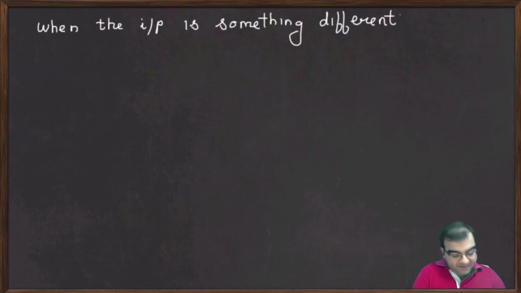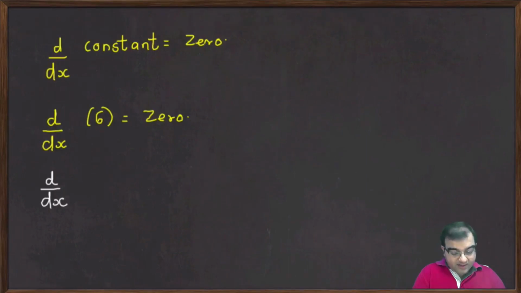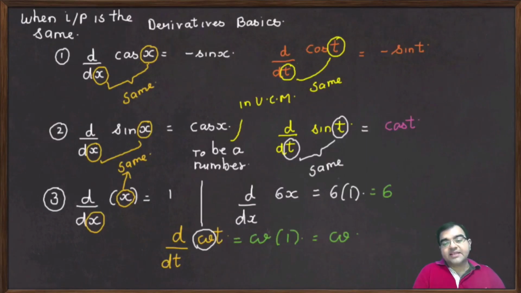Now if you see the previous cases, in this case, we carefully said the input here and the input here was the same. Now I am going to talk about a case where this input is not same as this input.